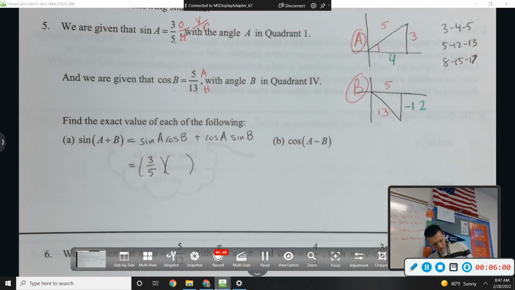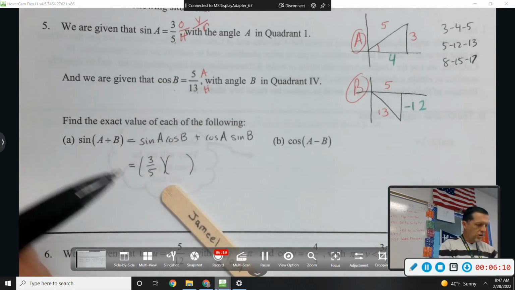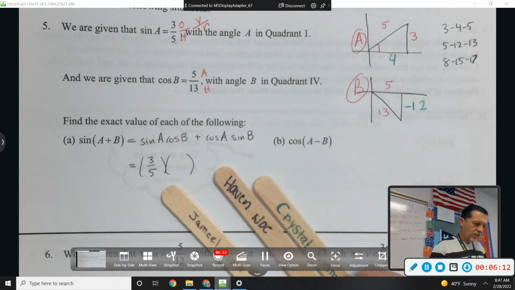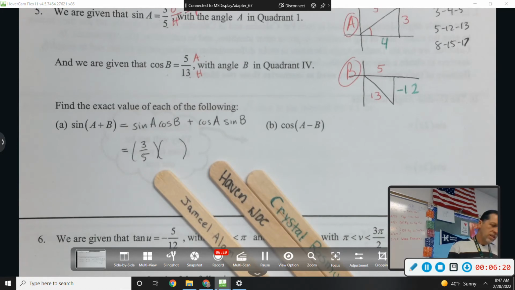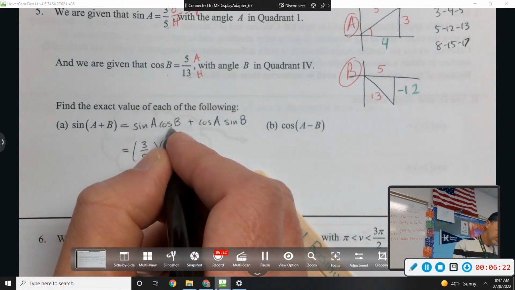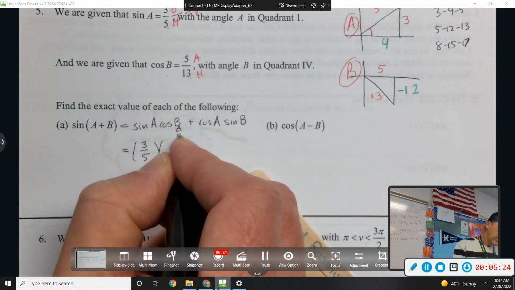All right, the cosine of B. I can start picking on people now because we've got pictures and now it's just sines and cosines. So, Jamil, what's the cosine of B? Cosine is adjacent over hypotenuse.